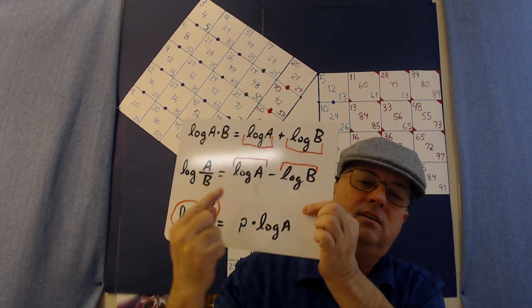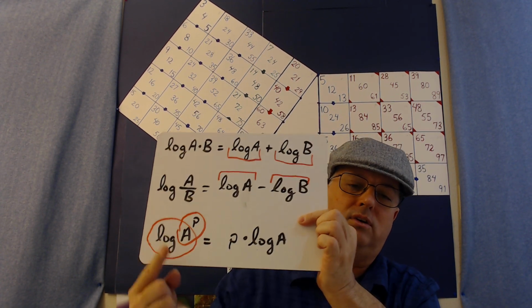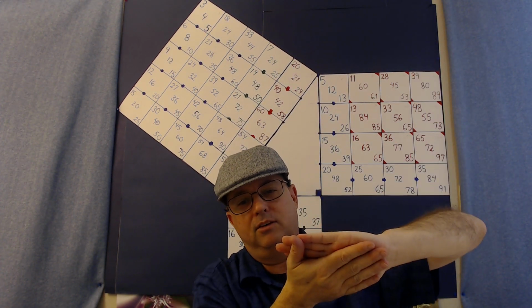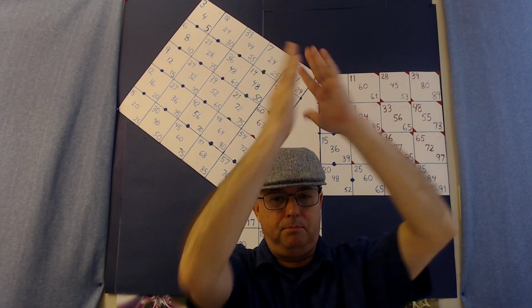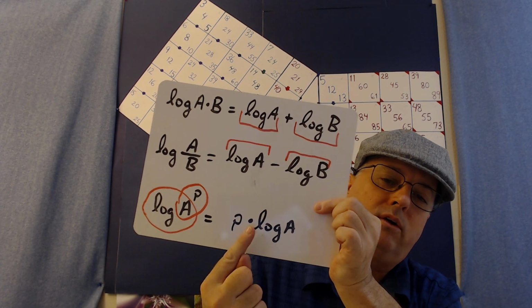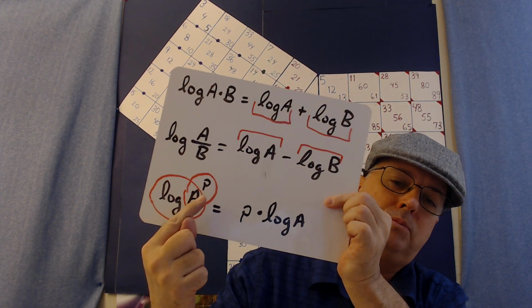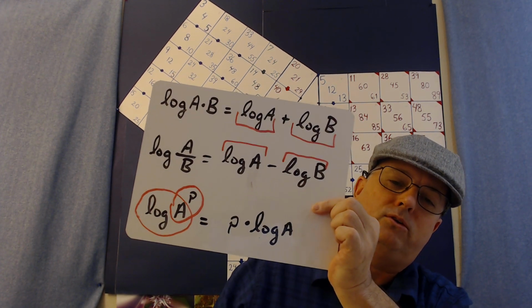Up top and down in front. And so when you have up top, it goes down in front. And when it's down in front, it can go back up top. High five for logarithms. Okay, good stuff.